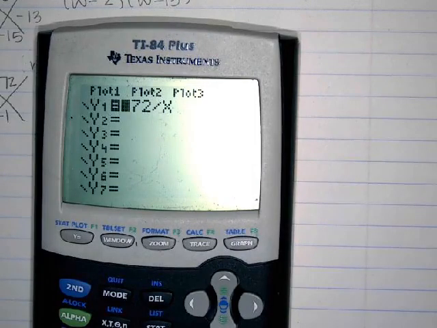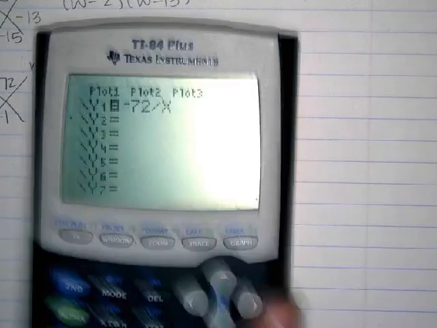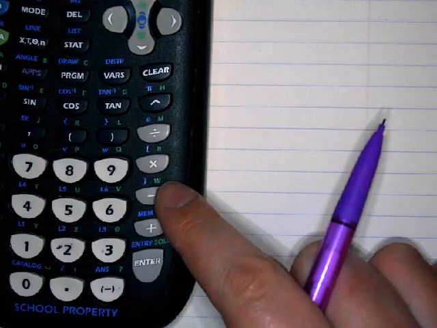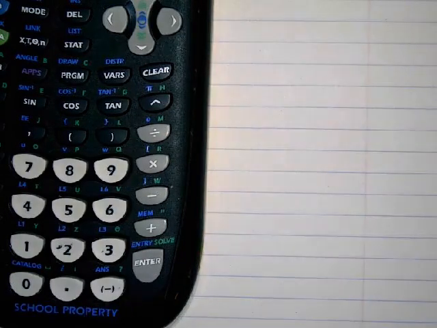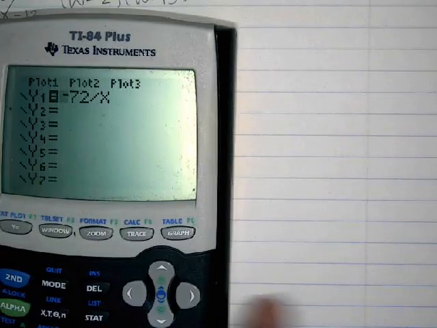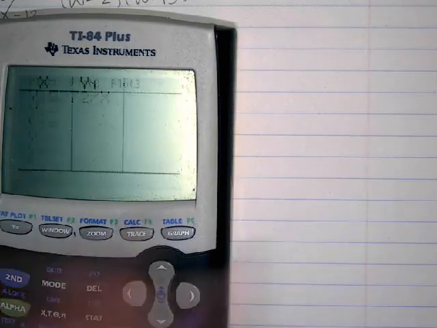It's because you're hitting the minus button and not the negative button. So when you hit it, don't do this button over here. This is the minus button. This is the negative button. So there's a negative 1 and 72?